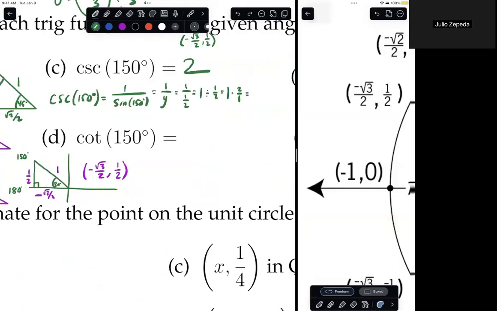And so that would be, let's see, the adjacent side length is negative root 3 over 2, and then the opposite side length is 1 over 2. If I flip my bottom fraction and multiply, I end up with negative root 3. That is my answer.